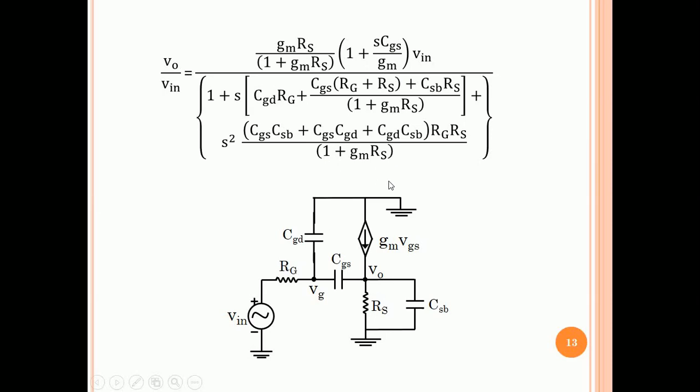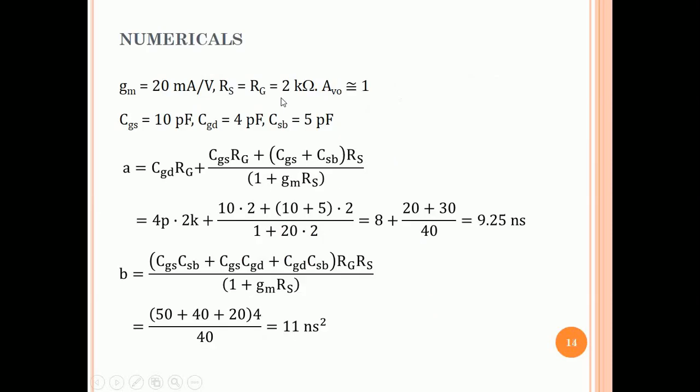So please go through Razavi to understand that method. Okay, there are two poles, and let us look at them. Same numerical values I have put: 10, 4, 5, 20 milliamps per volt, and RS, RG are 2 kilo ohms.